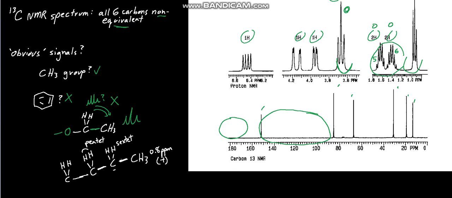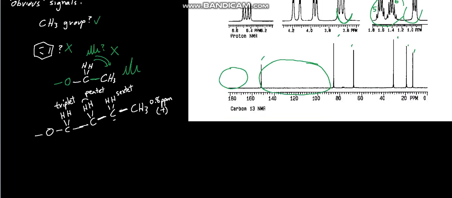Now finally, we have our triplet here because we've run out of CH2 groups. That's the one connected to oxygen. And look at this nice piece that we have. We were able to just walk our way through the molecule by analyzing the splitting, which establishes connectivity in every one of these groups.